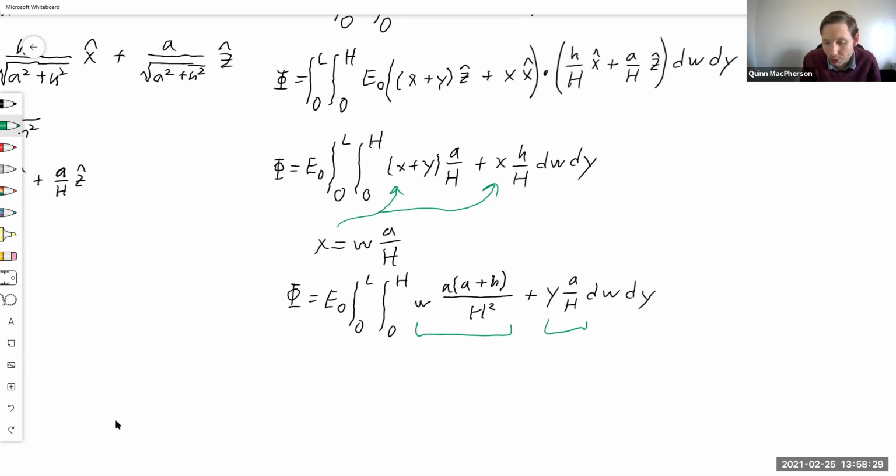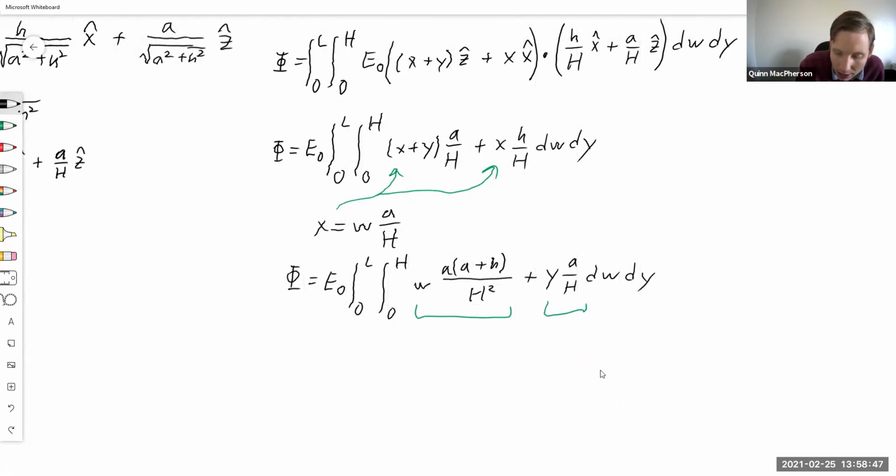So we can split these two integrals up. When we do the L integral of this term, we get the integral of a constant from 0 to L, which is just going to give L. We do the w integral of this guy from 0 to h, we're just going to get h.